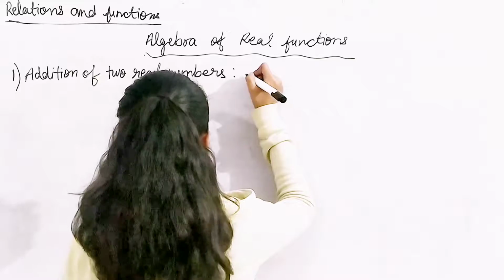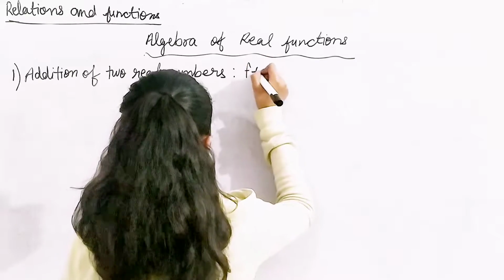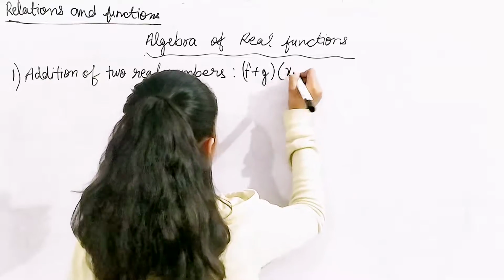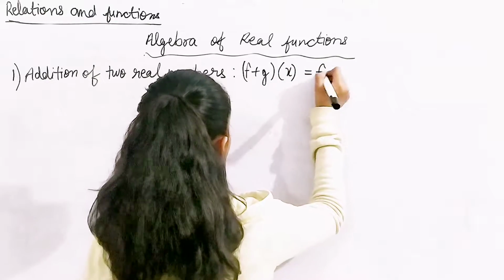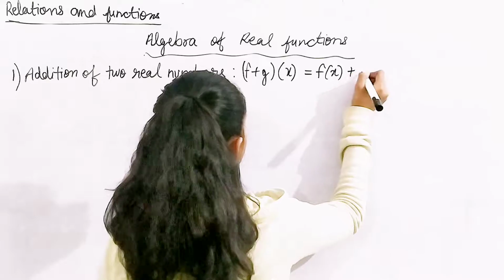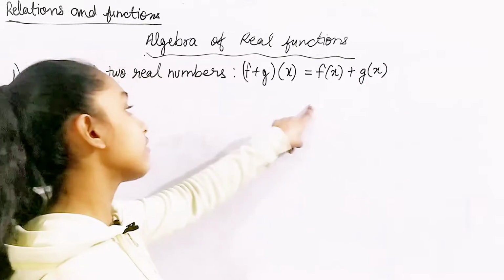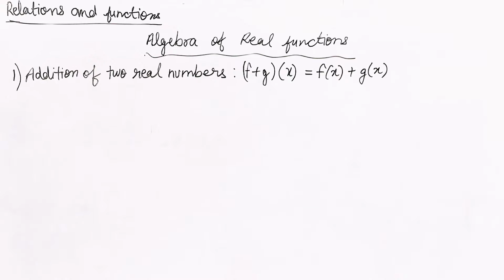Then (f + g)(x) is equal to f(x) + g(x). This is basically what we do in addition.